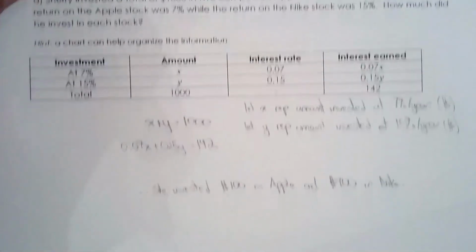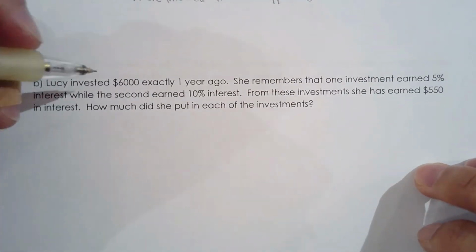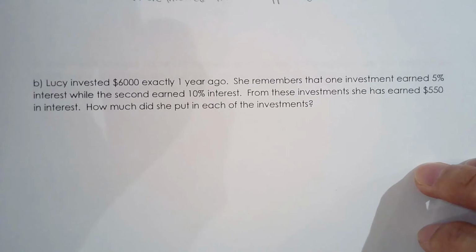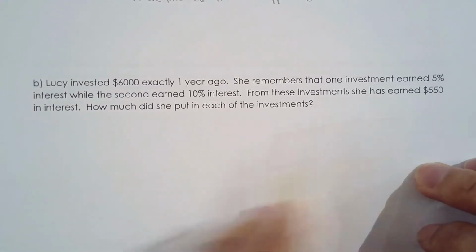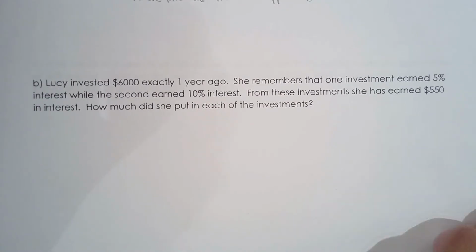All right. Lucy invested exactly $6,000 exactly 1 year ago, at 5% in one account and 10% in the other account. She earns a total of $550 in interest over that 1 year. How much does she put in each investment?